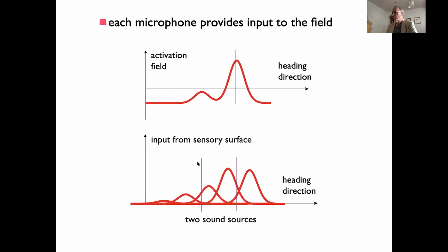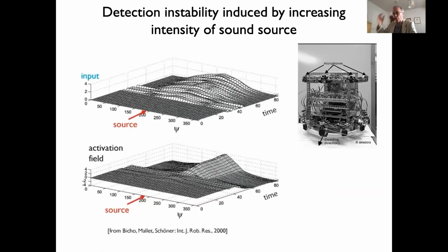For instance, if you have 2 sound sources as indicated here, then depending on the level of sound coming from those, these 2 microphones might be driven much more than these, and the sum of these inputs goes into the field. The notion would be that the field then generates, for instance, a single peak located over the local maximum of the inputs, and that will be the estimate of the direction of the sound source. And here is an actual example on the robot.